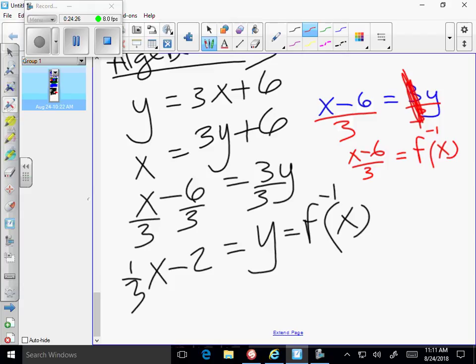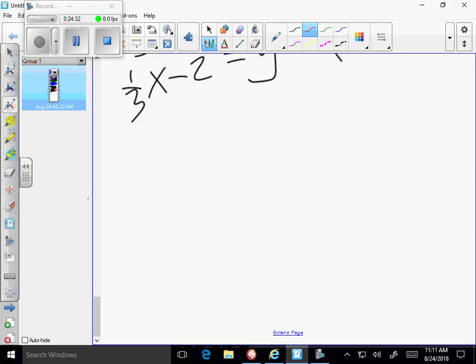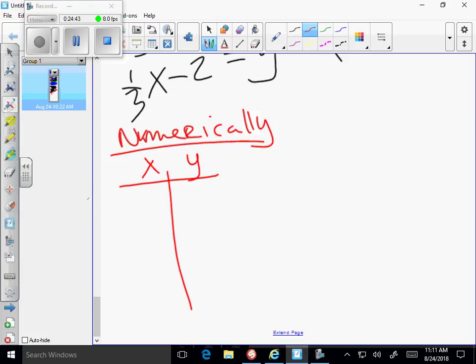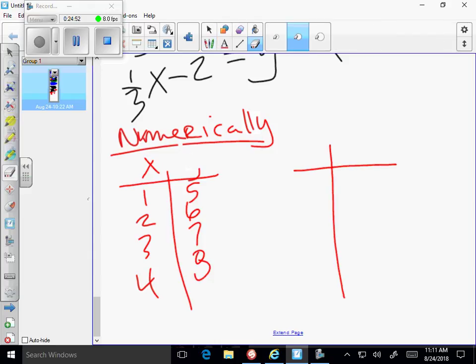Any questions? So that's algebraically. What about from a table? Numerically, how do I make the inverse?